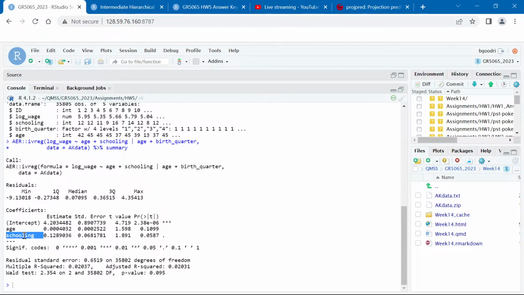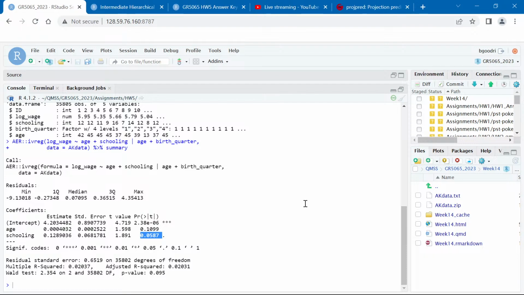Remember, the outcome is in log of weekly wages, and so we can think of this as almost a 13% increase in wages as a result of that, or at least we could, unless we look 3 or 4 columns over to our trusty p-value, which is 0.0587. So close.